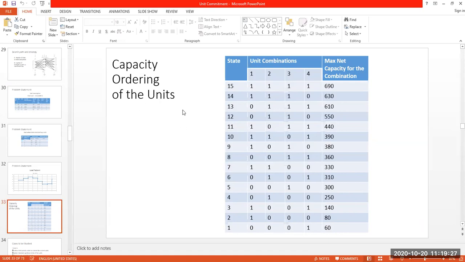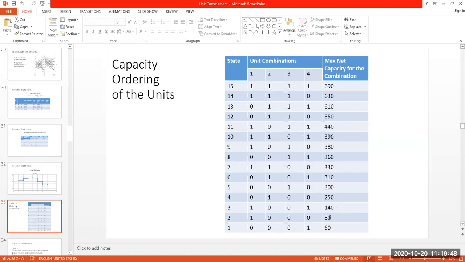To start with, if you face difficulty in preparing this by looking at the maximum capacity, you can simply prepare a binary table starting from 0001, 0010, 0011, 0100, and so on, and complete it.